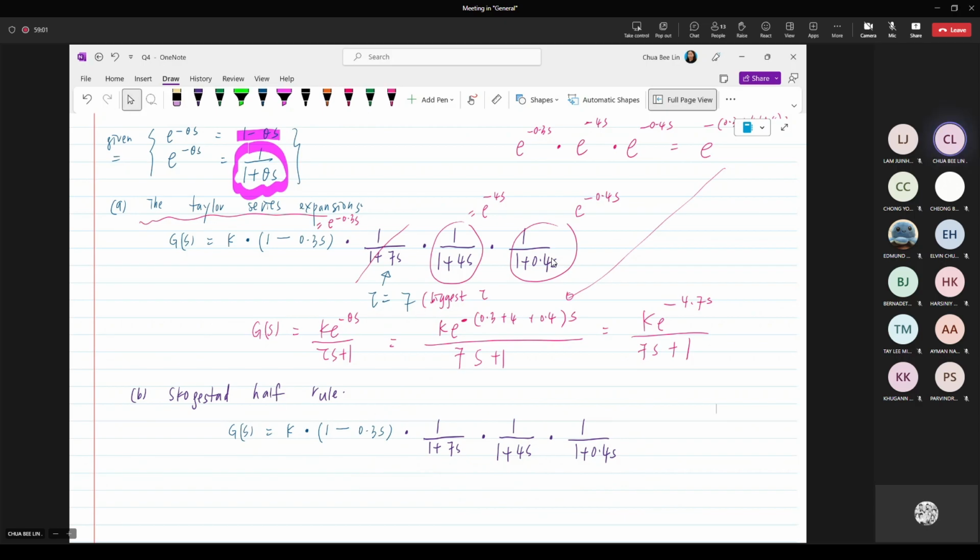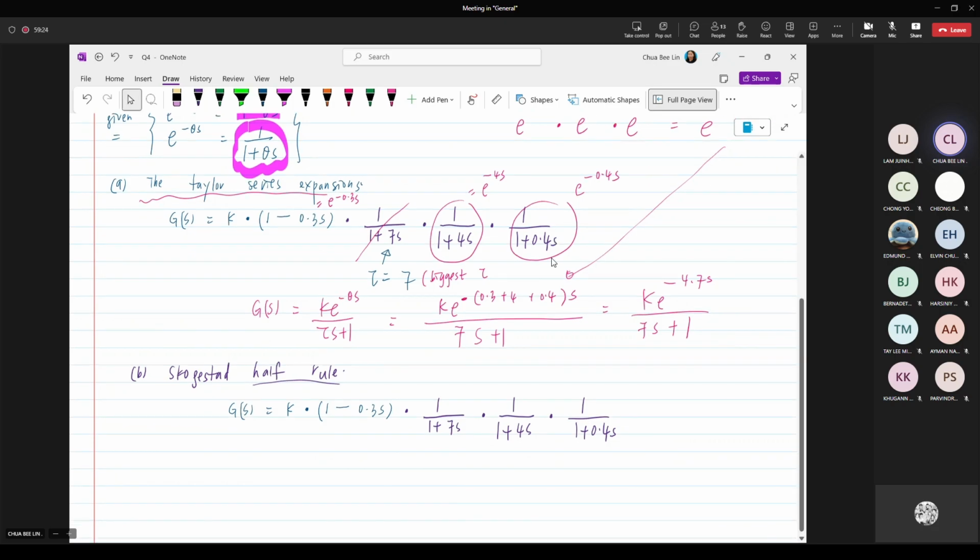Okay, I give you some time to copy this. Okay, then we are going to use the half rule. So revision first. Half rule means you'll be having the second largest tau contribute to half. The half of the second largest tau will contribute to the biggest tau. Okay, so you copy this.